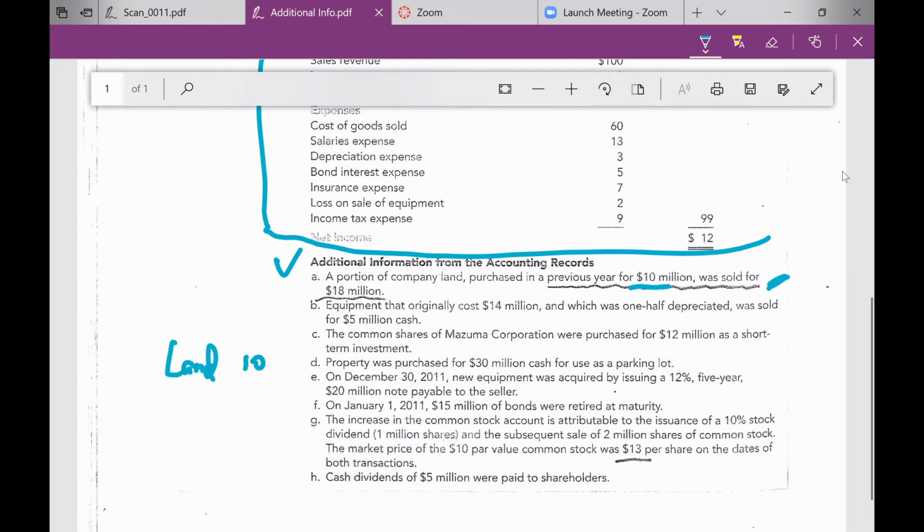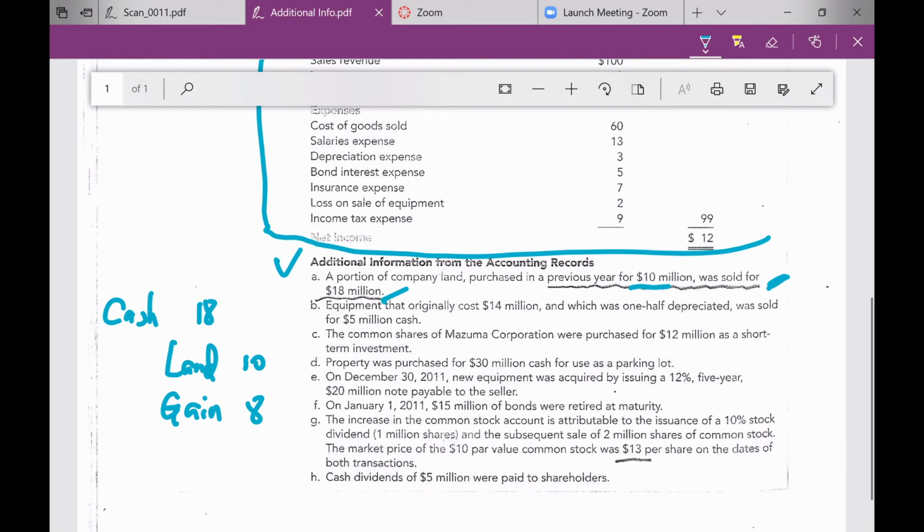And then we sold for 18 million. We should debit cash for 18, and then we have a gain on sales for 8. This is the summary journal. Everyone's clear about this, right? This should be the journal.